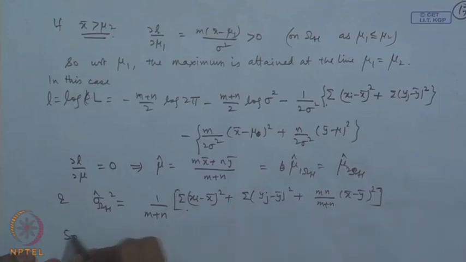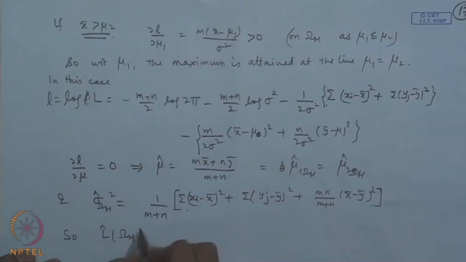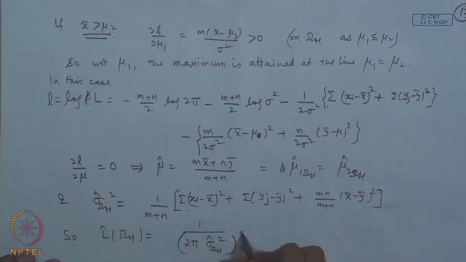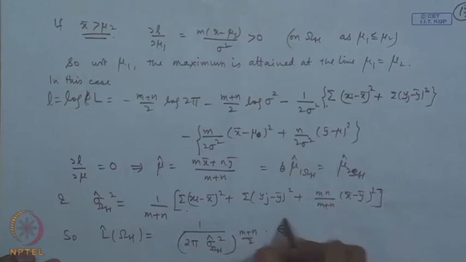So, L head omega h becomes equal to 1 by 2 pi sigma omega h square to the power m plus n by 2 times e to the power minus m plus n by 2.